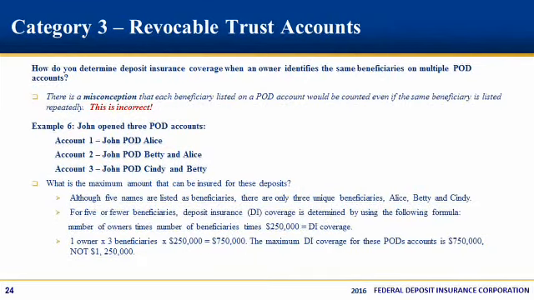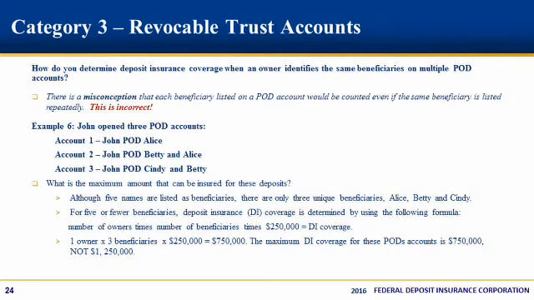In example 6, we want to go over another area where depositors need to be careful. The issue is making sure to count a beneficiary only once in calculating the total number of beneficiaries to be used in determining coverage. Assume John opened 3 payable in death accounts, and on the first account, he named his daughter Alice as a beneficiary.